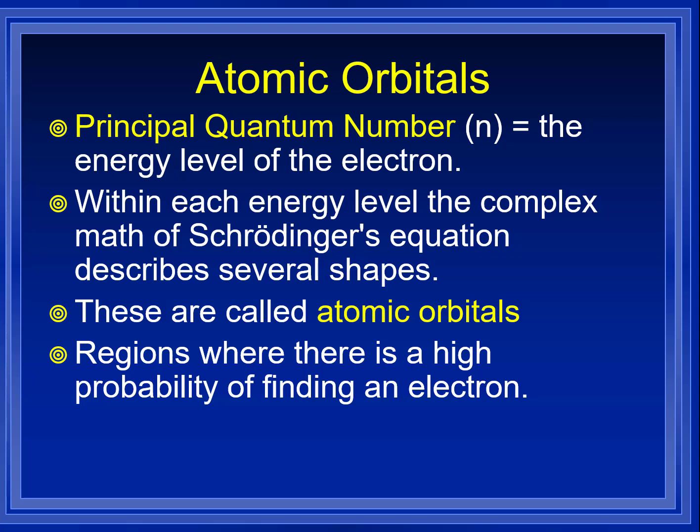How can the same definition apply to two different things? Well, it's simple. Electron cloud is where you have a chance of finding any of the electrons, or all the electrons. Somewhere in here, you're going to find the electrons. The atomic orbital is where you're going to find specific electrons. The way you build an electron cloud is you put together atomic orbitals.